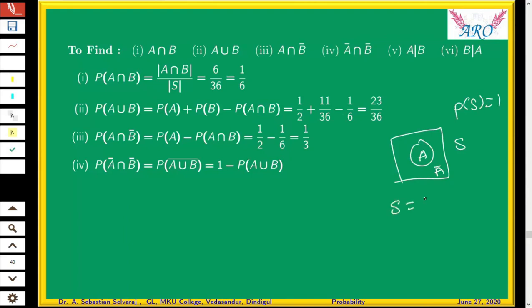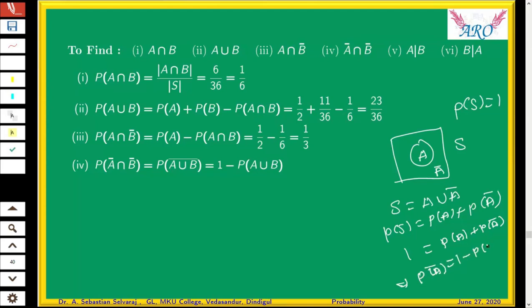Therefore S can be written as A union A bar. Applying the probability function, probability of S is equal to probability of A plus probability of A bar. Probability of S is equal to 1, so 1 is equal to probability of A plus probability of A bar. From this, probability of A bar is equal to 1 minus probability of A.